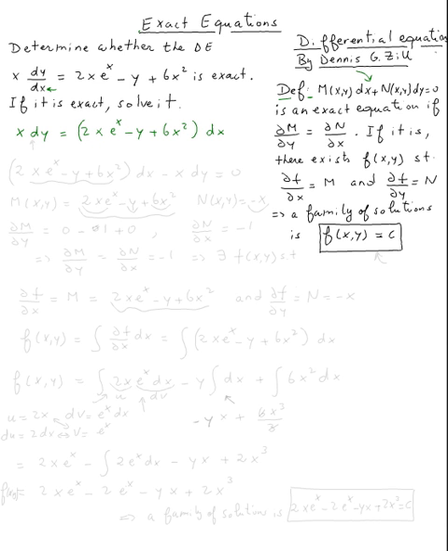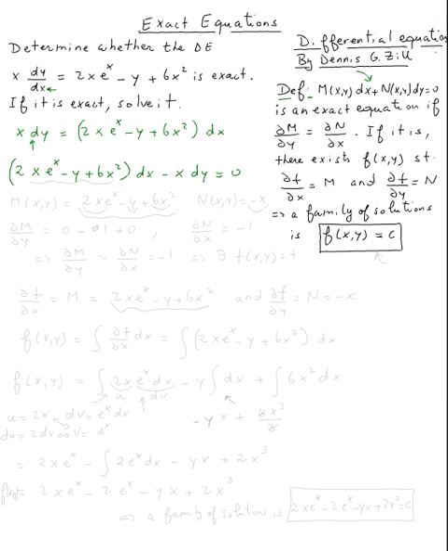They will cancel. Now I'm going to move this part to the left side. So that would be 2x e^x minus y plus 6x squared dx minus x dy. It will be equal to 0, right? Instead of writing 0 on the left, I'm writing it on the right.